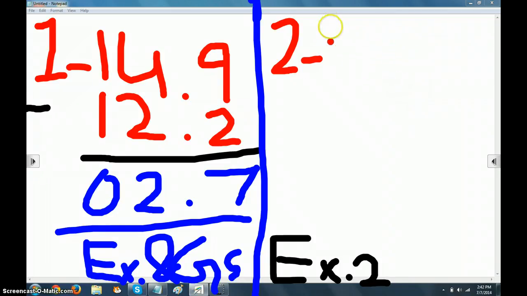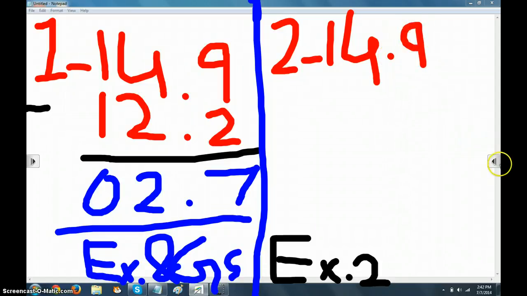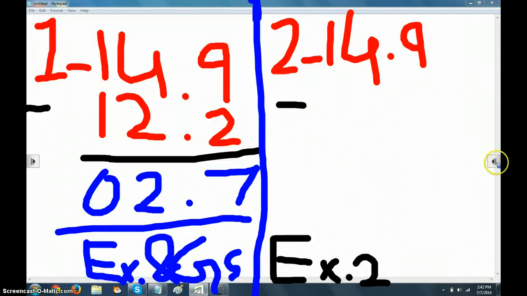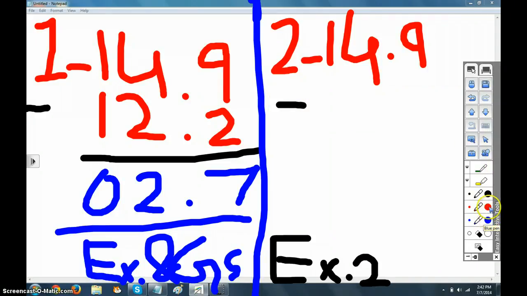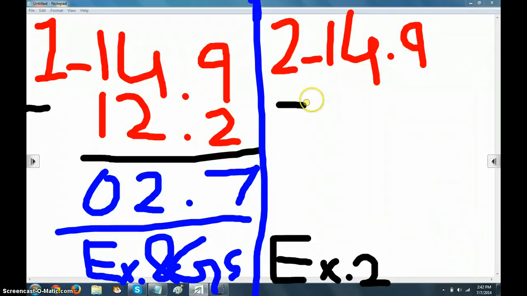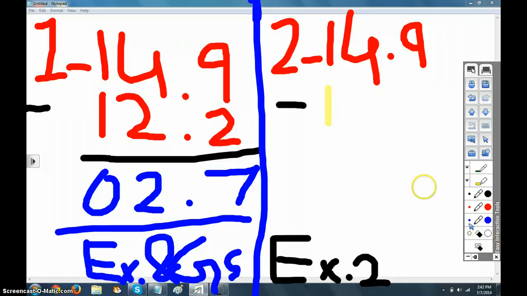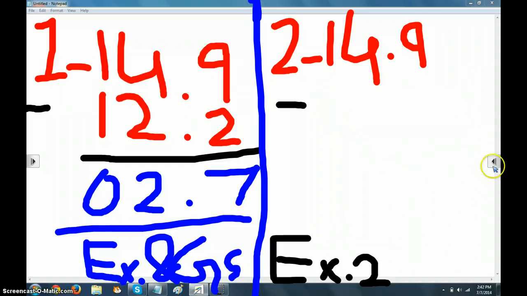14.9 subtracted by, let's have it highlighted. I'm going to leave it yellow so you can see it well.